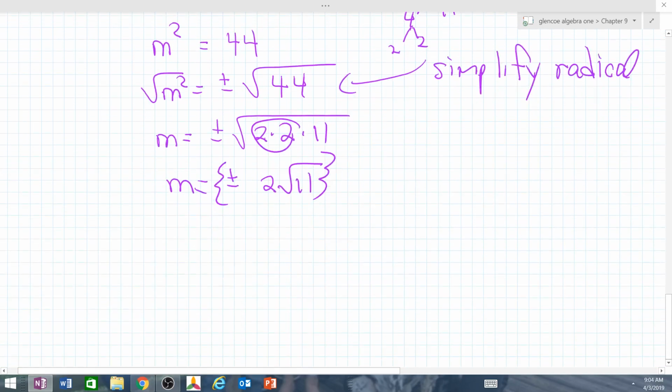What happens if I give you something like this? (m - 2) quantity squared equals 5. So we're going to take the square root of each side.